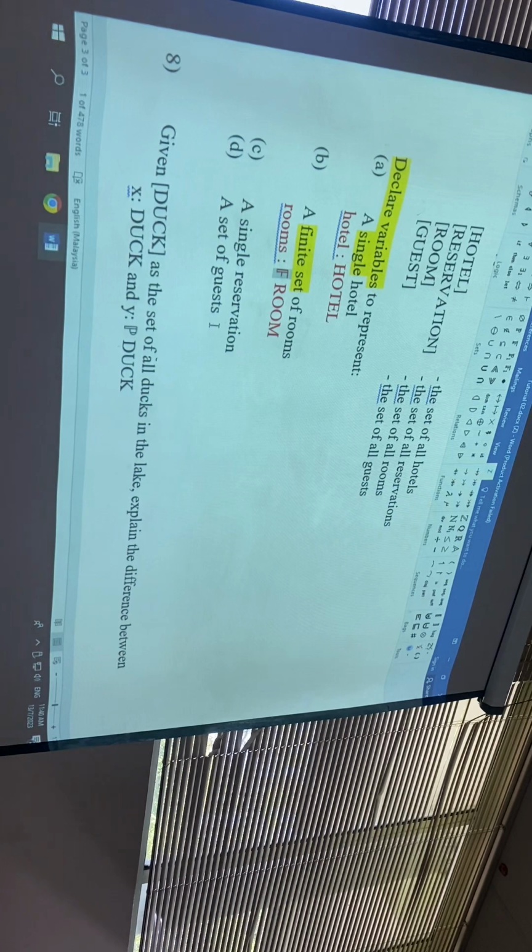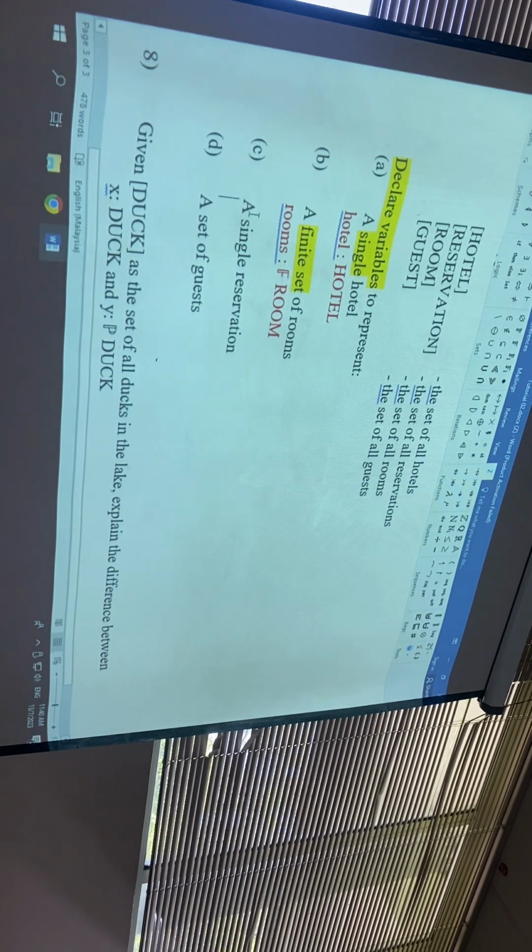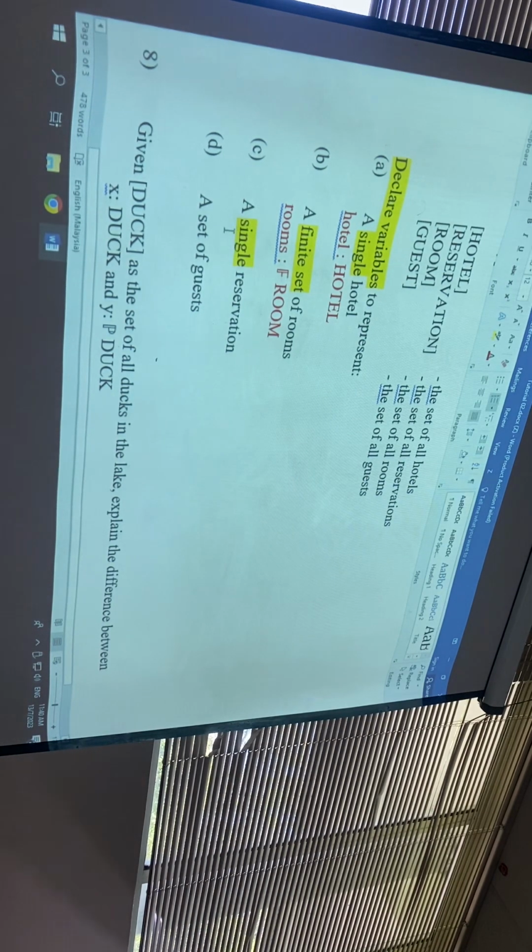Okay, how about C here? Single reservation. Let's say I put the word reserve. My variable is reserve of type reservation.